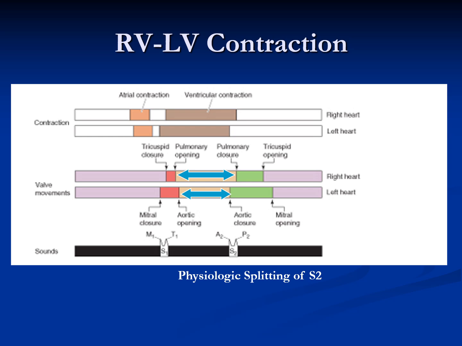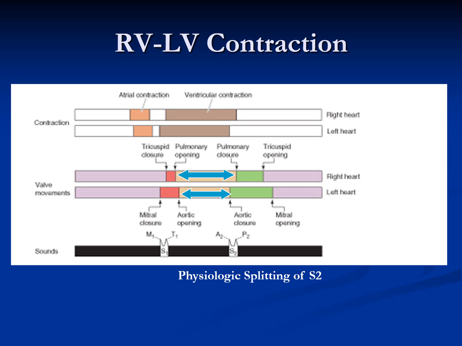But then A2 is the aortic component of the second heart sound. So when we say A2, it's aortic valve closure. And P2, which is pulmonic valve closure, has a bit of a lag. And therefore, effectively, S2 is not one heart sound, it's two very close heart sounds. Aortic closure, pulmonic closure. And this is what forms the basis of what we call the physiologic splitting of S2.